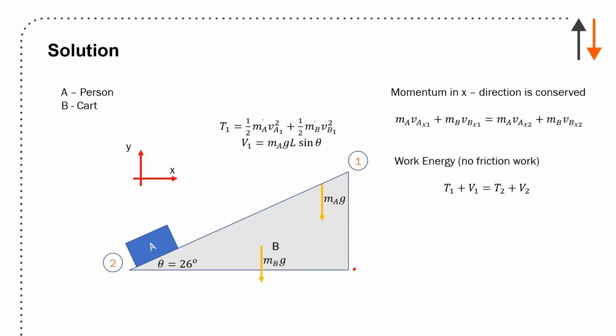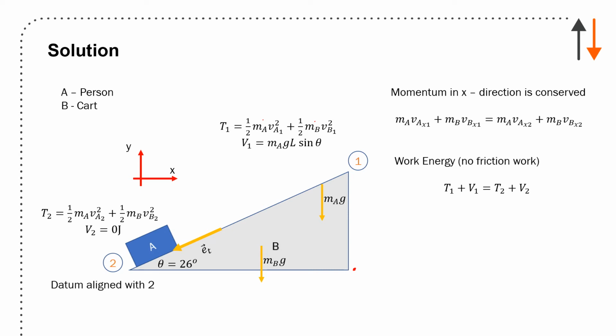That's the height of the person at position 1. Again, I've defined my datum at the bottom of the motion of the person, so T2 is going to be 1/2 m_A v_A2 squared plus 1/2 m_B v_B2 squared. V2 is equal to 0 because it's at the datum, so the gravitational potential is 0 at that point. Datum is aligned with 2.